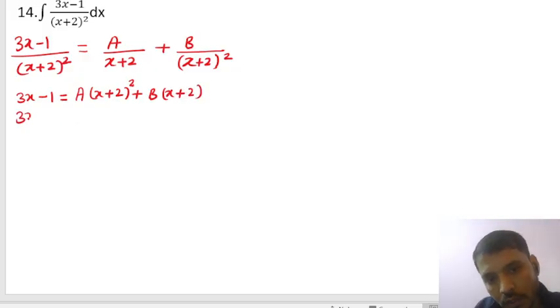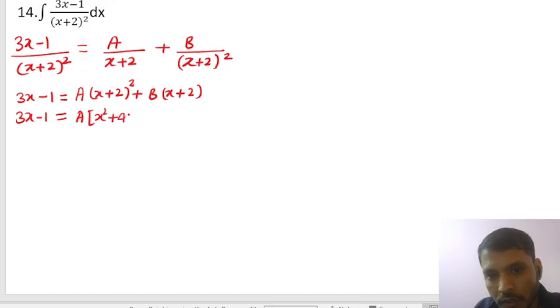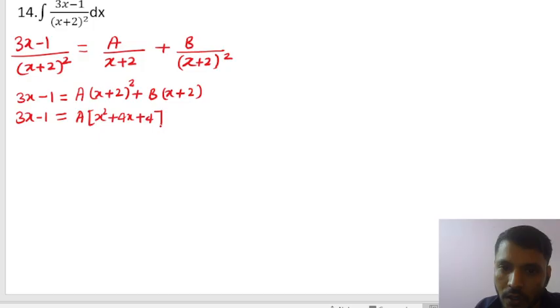So 3x minus 1 is equal to a into x plus 2 whole square, plus b into x plus 2. Means x plus 2 whole square is x square plus 4x plus 4, and here we are getting plus bx plus 2b.